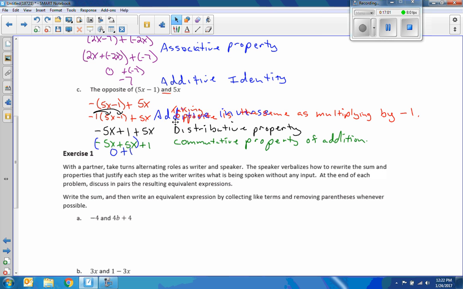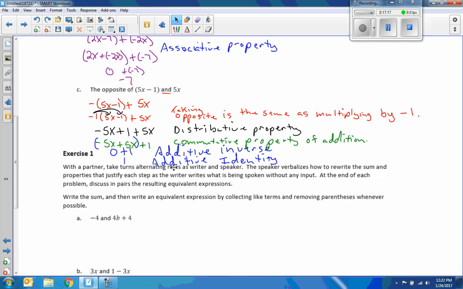So just to save time, I added inverses, negative 5x plus 5x, and got our identity 0. Then 0 plus 1 is 1, and that is the additive identity. The additive identity is adding 0 to any number, which gives you that number back. Okay?